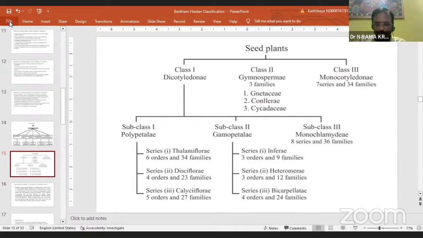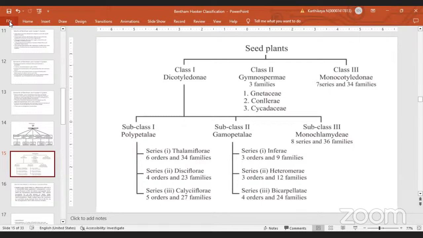So we have to remember all the series also, sir? Yes, this is the theory. What is Polypetalae? Polypetalae is free petals. You know very well, just write. What is Inferae?